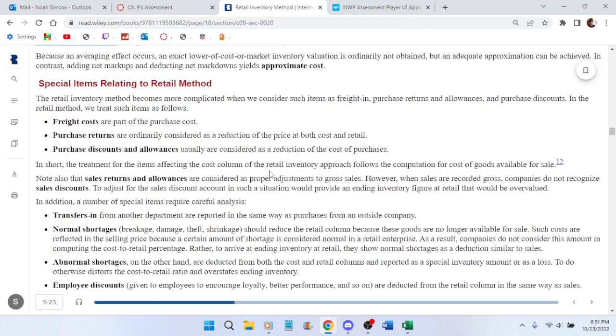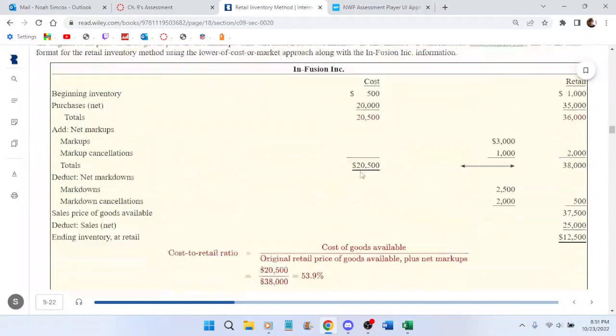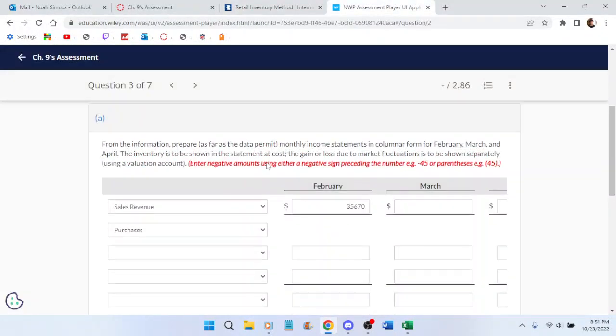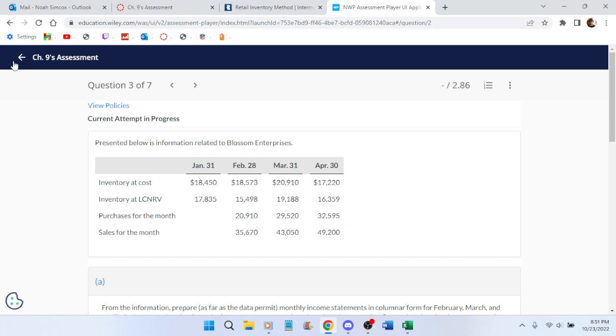That's not how income statements work. What is learning objective?